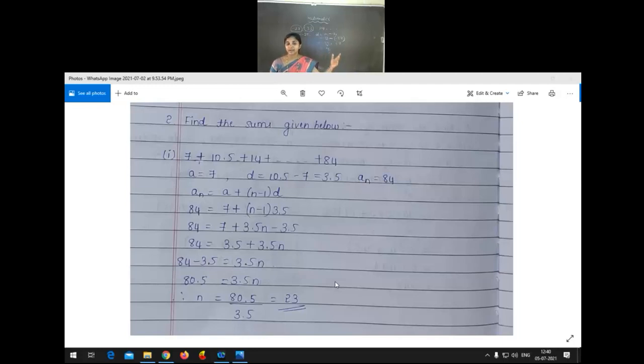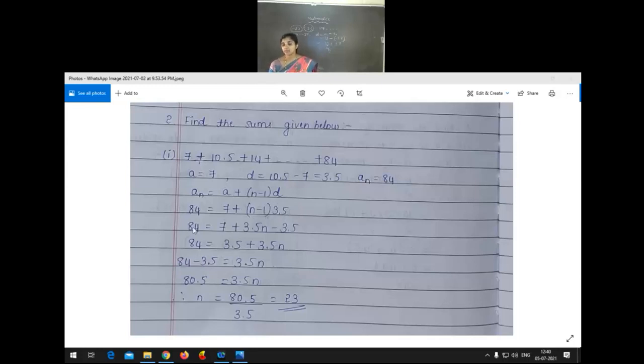We take the same concept to find the number of terms in the AP. AN is given already, last term 84. A is 7. N we don't know, minus 1 into difference 3.5.